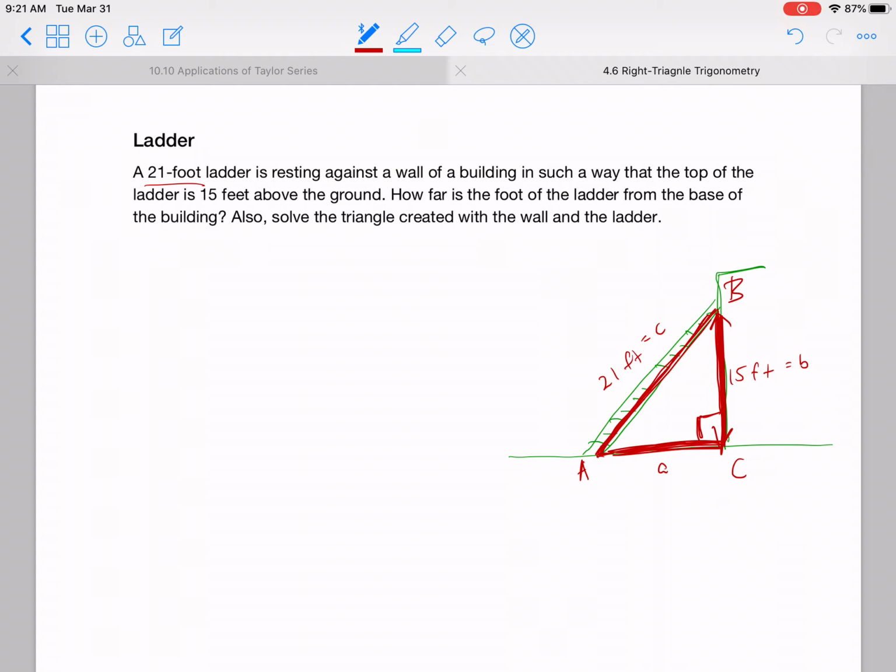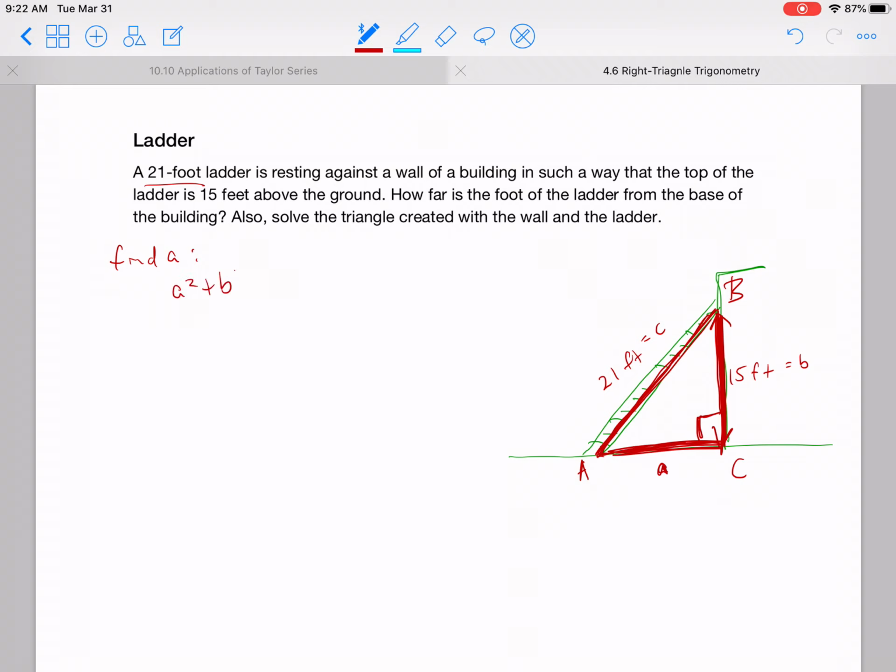So now we can go through and we can find that missing side, and we want to figure out basically how far is the foot of the ladder from the base of the building. So that means we need to find A. So find A. And we'll do that with Pythagorean theorem.